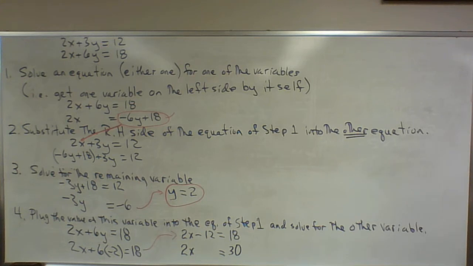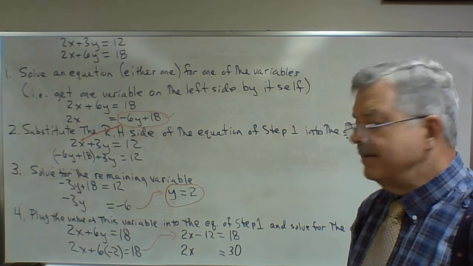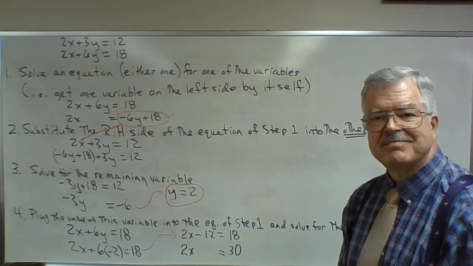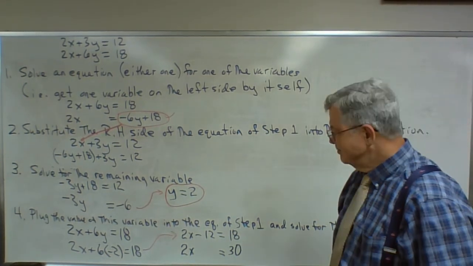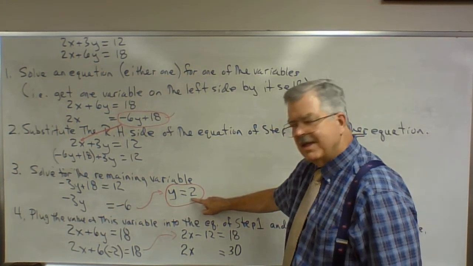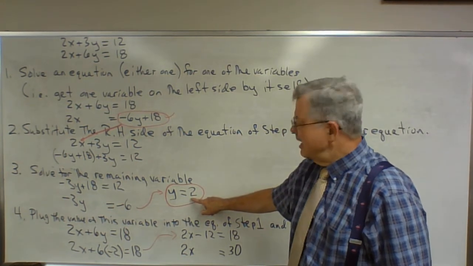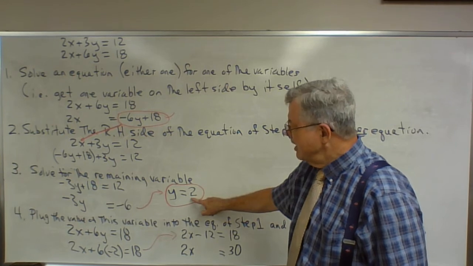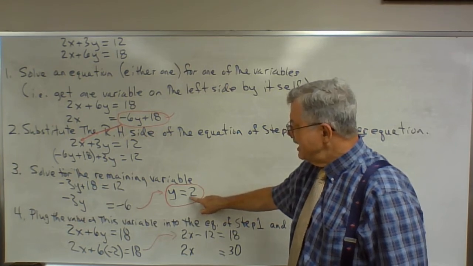And I do not like this at all. Hold on just a minute. Okay, I'm making a mess out of this, and I apologize. In step 3, I had y equal 2.